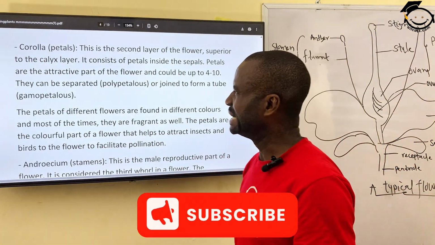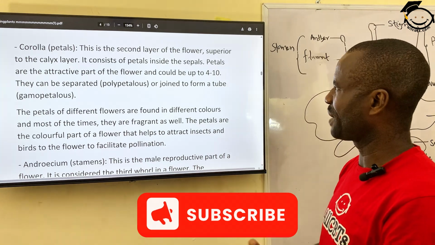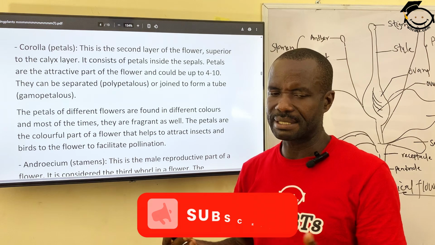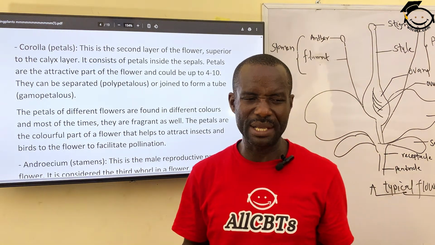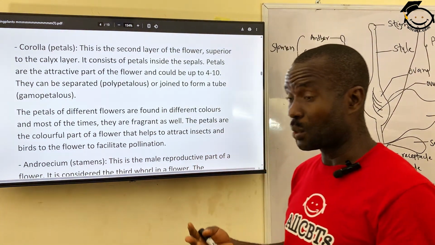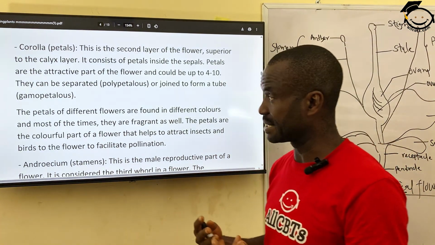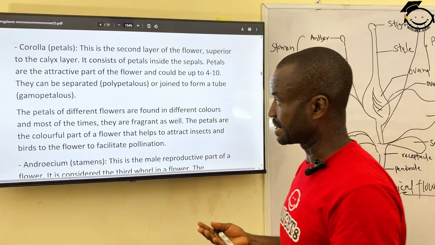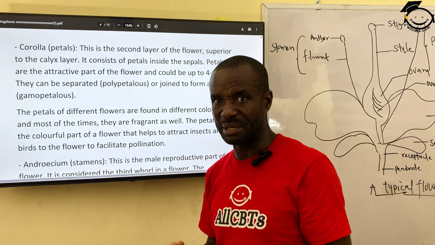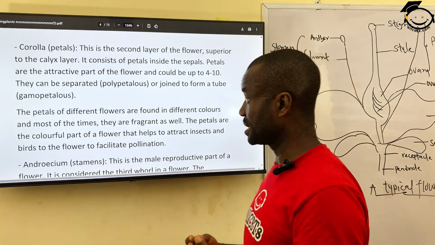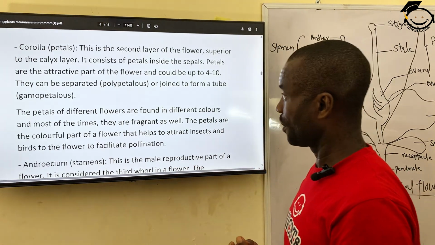Petals are the attractive part of the flower and could be up to 4 to 10. We said the petal is the brightly colored area which attracts insects to the plant. This is the beautiful part of the flower that attracts these organisms.